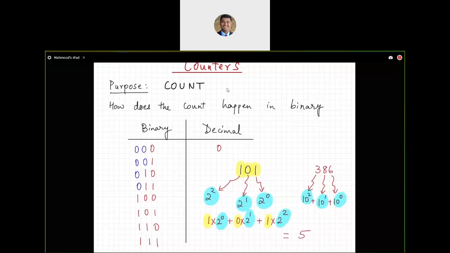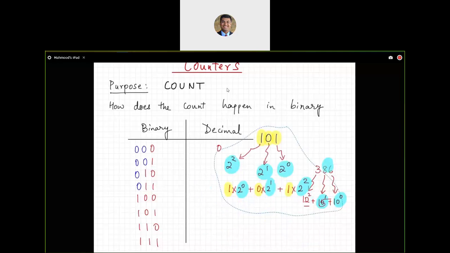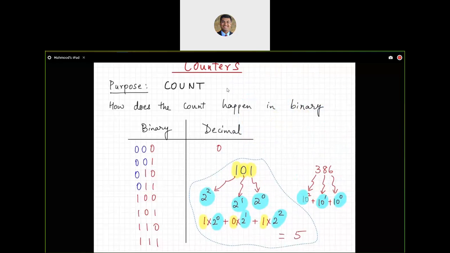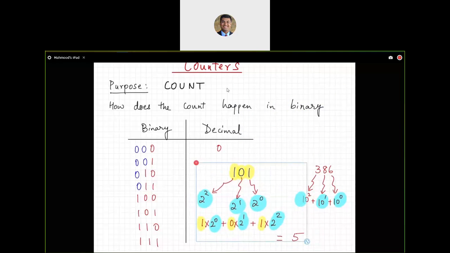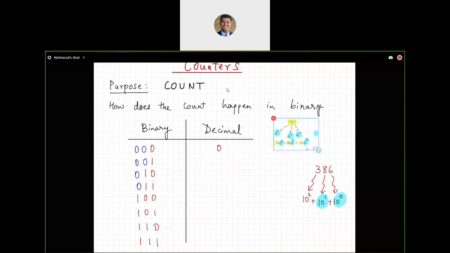So if I do this for all these numbers, and I'm claiming that I'm counting in binary on the left side, you might imagine what should happen on the right side. It should simply increase as 0, 1, 2, 3, 4, 5.